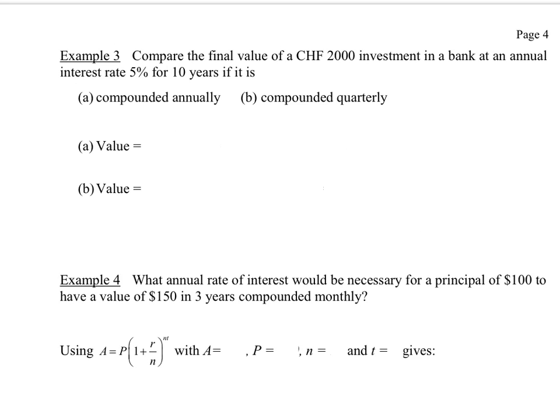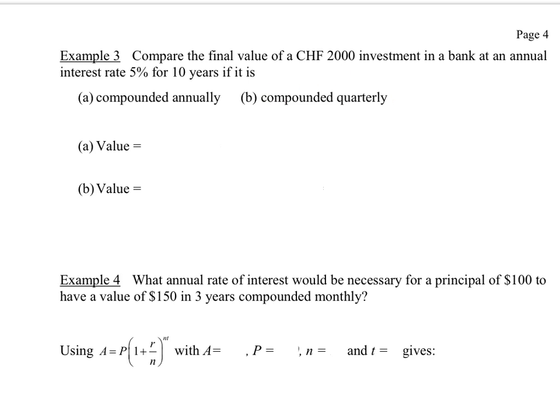So in this question, example 3, we're asked to put 2,000 Swiss francs into an account at an interest rate of 5% for 10 years. First of all, compounding annually, so we add interest only at the end of each year, and then compounding quarterly. There are 4 quarters in a year, so every 3 months we add interest.